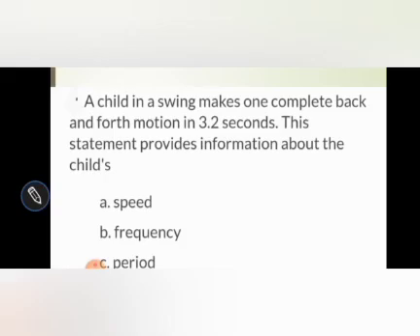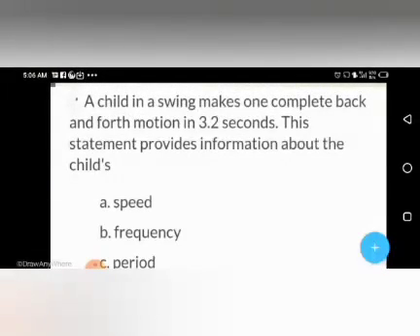This statement provides information about the period, because we are given that one complete back and forth motion is completed in 3.2 seconds, and we have already discussed that if a body completes one cycle in 1 second, then that is called its frequency.